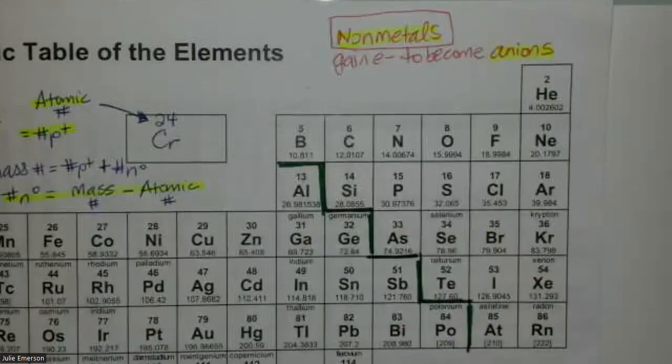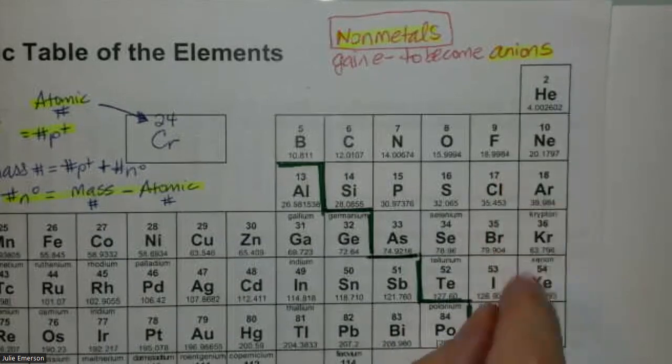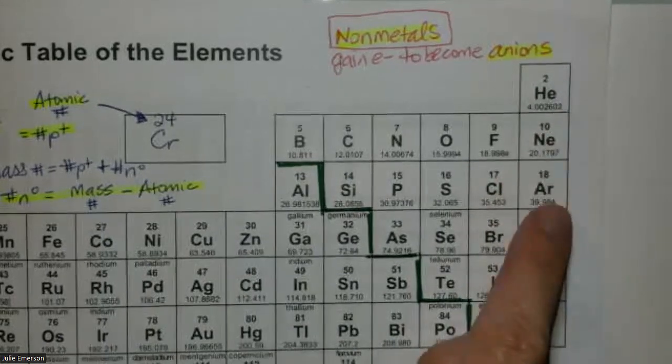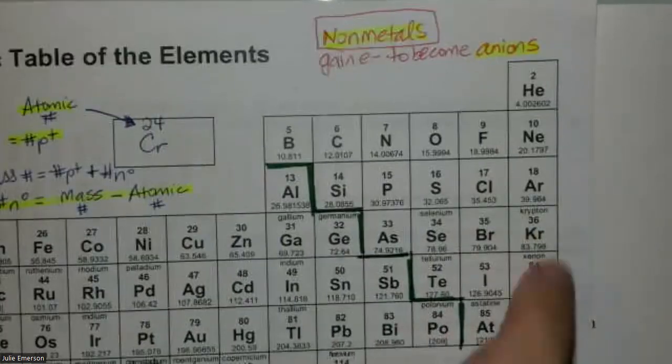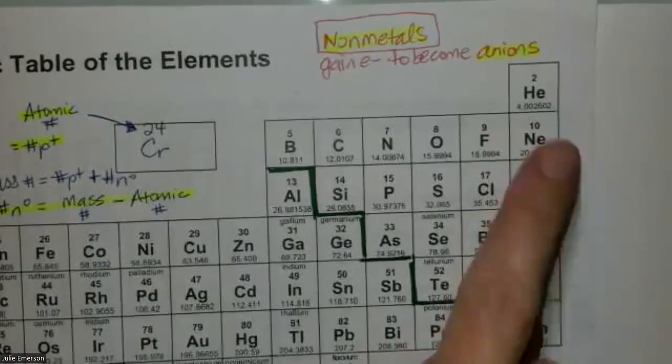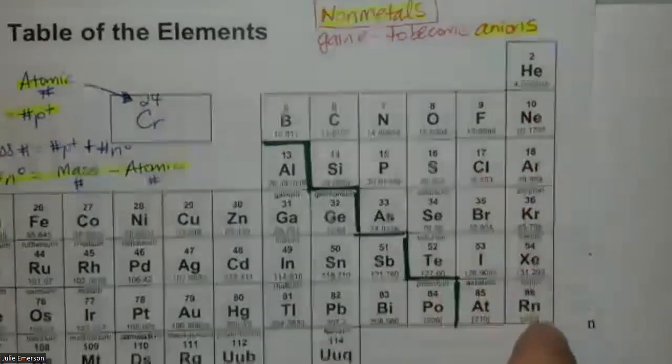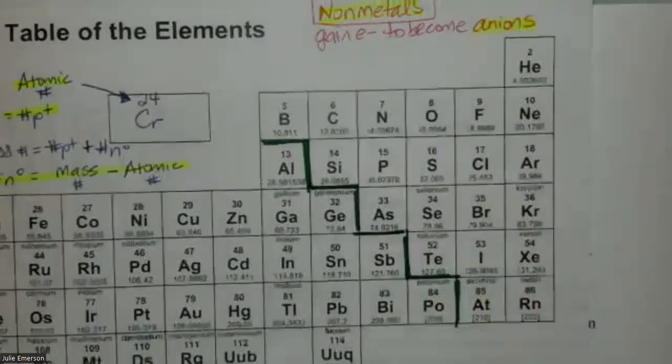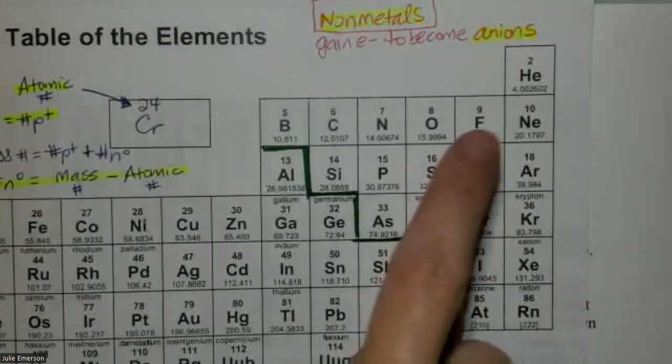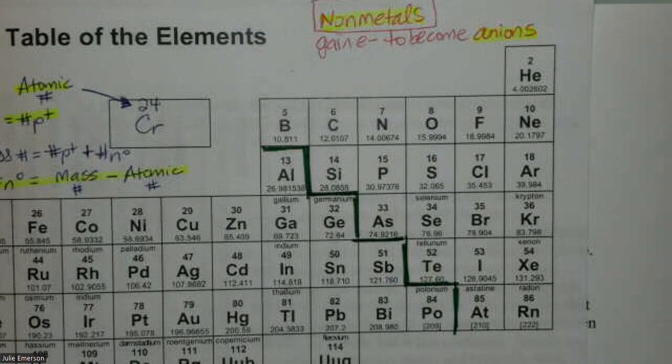Now, why did they do that in the first place? Well, it turns out that the noble gases at the very end, the helium, neon, argon, krypton, xenon, radon, there's something about the electron structure in these noble gases that is incredibly stable. It's like as soon as you have that electron structure, a stability switch clicks on and it just becomes very stable.